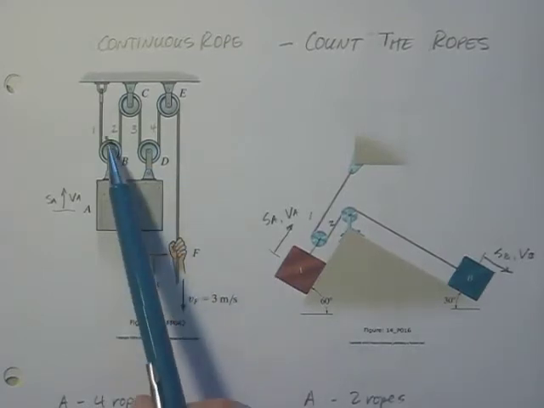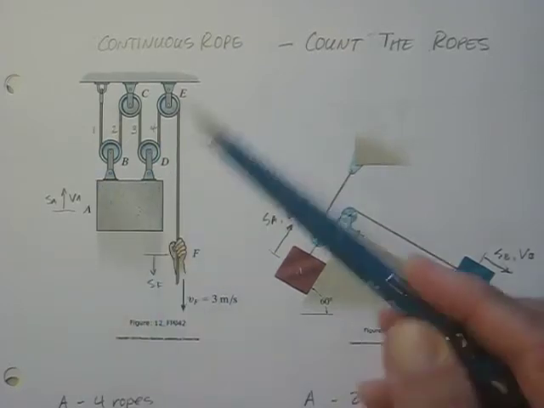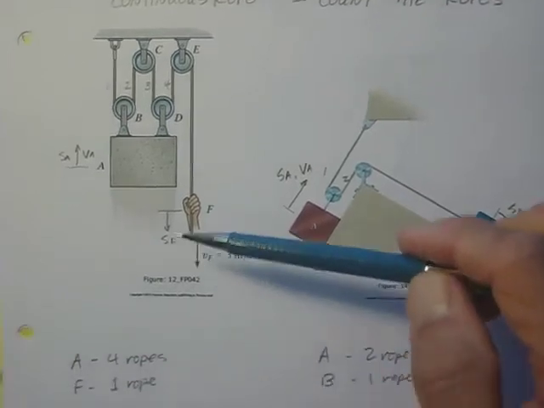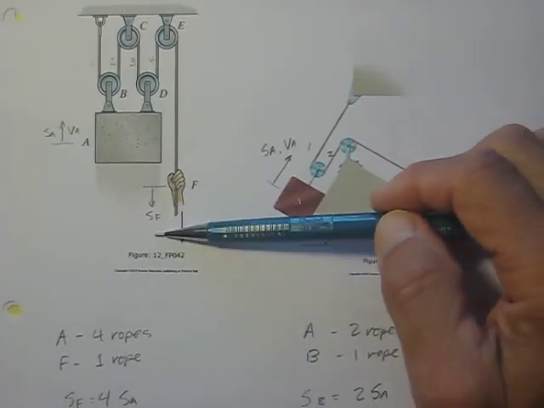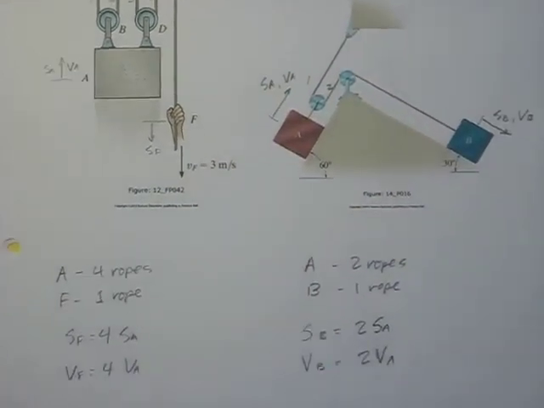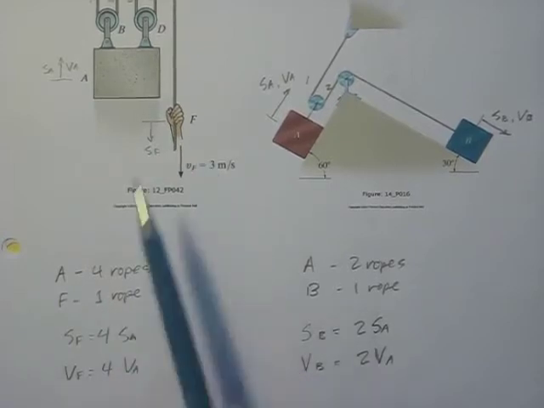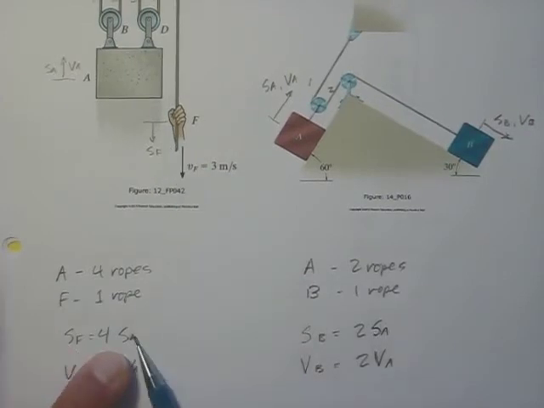So let's say that there are 1, 2, 3, 4 ropes actually supporting A, and so we can, by observation, say that the displacement downward here is going to be 4 times the displacement upward. And we do that by just counting the ropes. A has 4 ropes, F has 1 rope. So the displacement of F with 1 rope is equal to 4 times the displacement of A with 4 ropes.